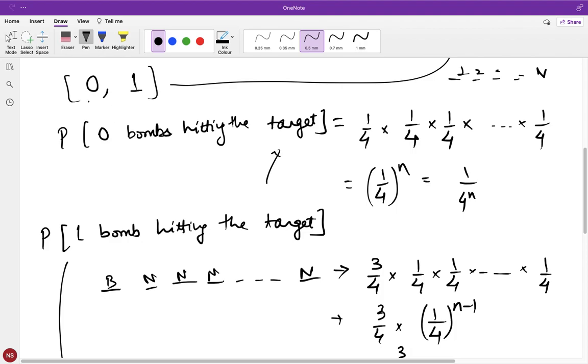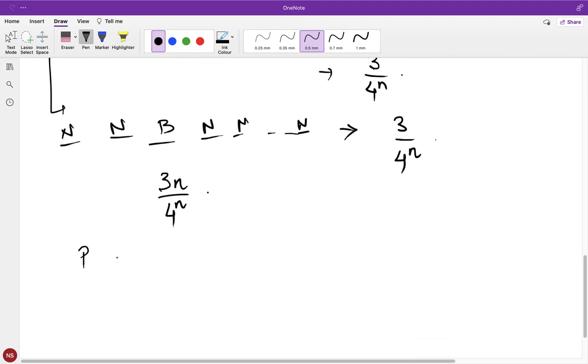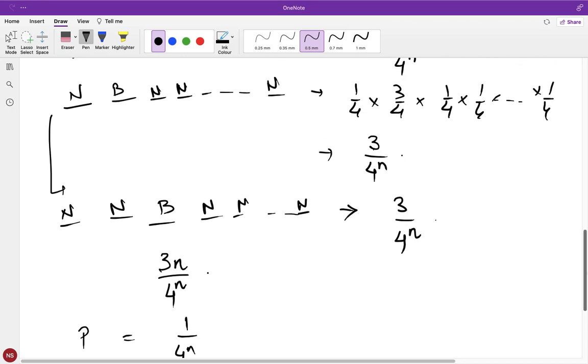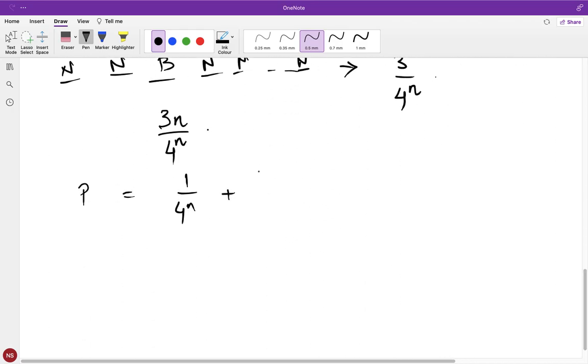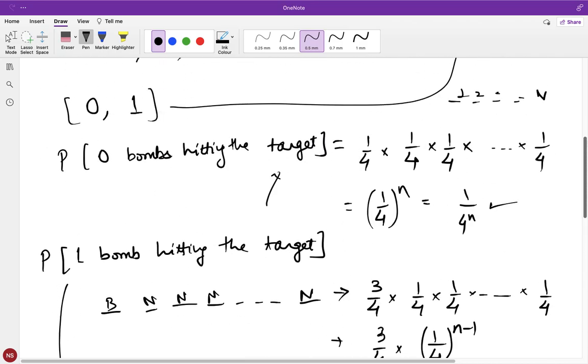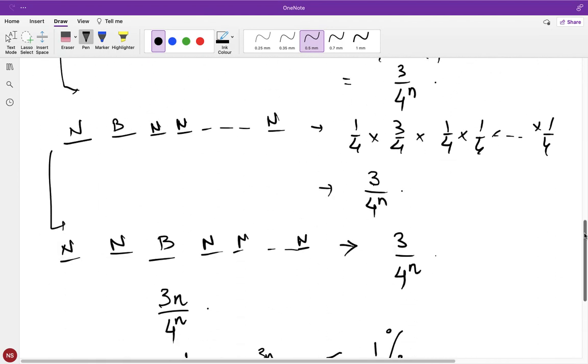Hence, the probability that either 0 bombs hit the target or 1 bomb hits the target is 1 by 4 raised to the power n, that none of the bombs hit, plus 3n by 4 raised to the power n, that 1 bomb hits, and this has to be less than 1%, as is asked in the problem.